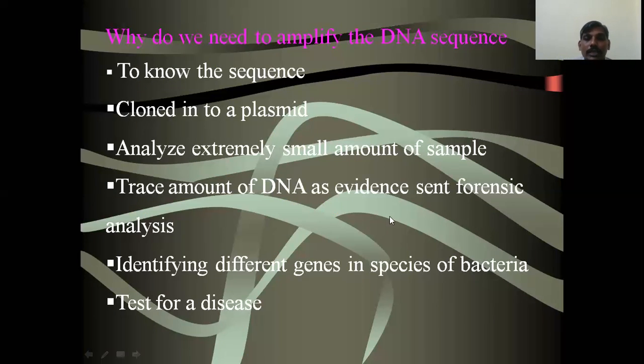Trace amounts of DNA are sent as evidence for forensic analysis, in parental disputes or genetic mutations. For this purpose, a little amount of DNA is taken as evidence, and by this PCR technique, we increase the amount of DNA for further analysis, and we can clarify what the exons, introns, inactive genes, or active genes present in the DNA are.